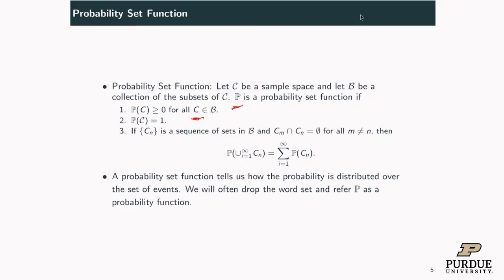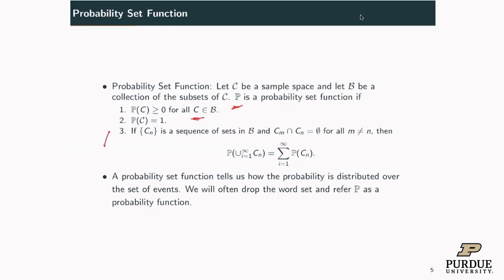Second, the probability of the sample space, of all possible outcomes, is 100%. So it's 1. The third condition: if C_n is a sequence of sets in B, and C_m intersect C_n is the empty set, so there are a lot of sets, and any two of them have no overlap when you take the intersection, then the probability of the union of these sets is the sum of the individual probabilities.